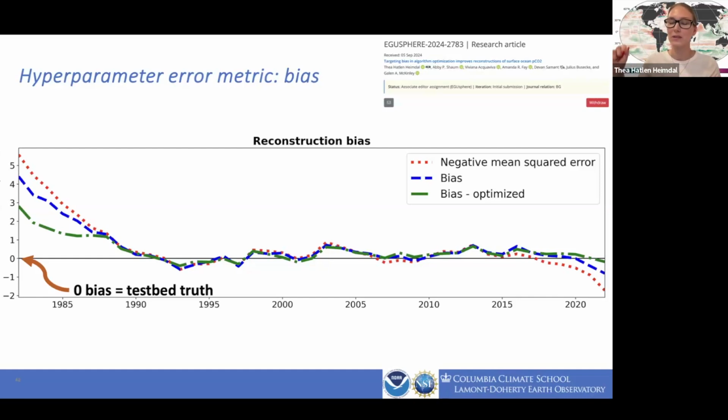It's looking for a more normal distribution, and it's not able to properly reconstruct. In addition to having few observations, if you have more observations, you can try to get rid of this negative bias at the end. And that's also why using bias when you optimize your machine learning method is improving your reconstruction.